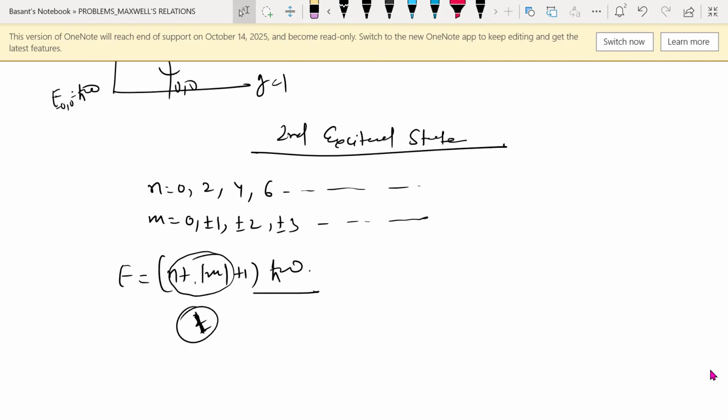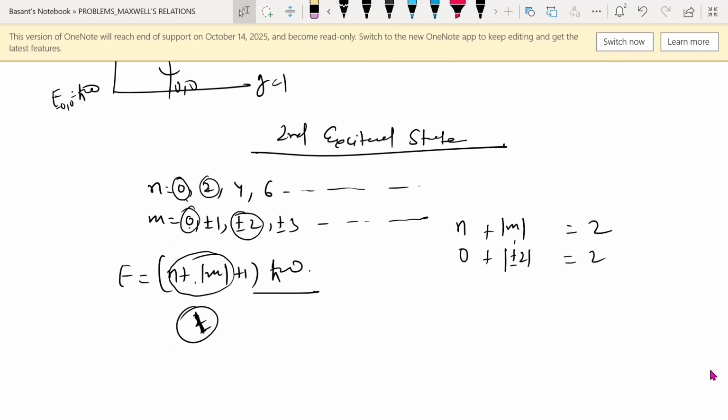So I have to take the pair 0 and plus minus 2, that also gives 2, and also 2 and 0. This also gives 2. So there are two combinations here, n and mod m, that give 2. If I take n is equal to 0, then m is plus minus 2.